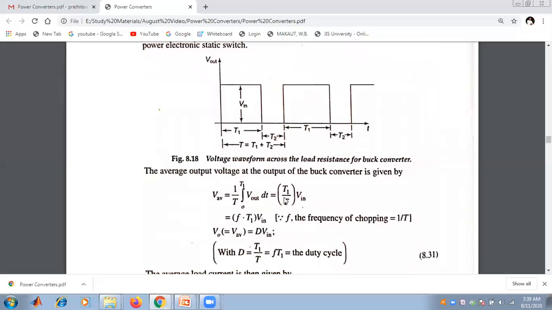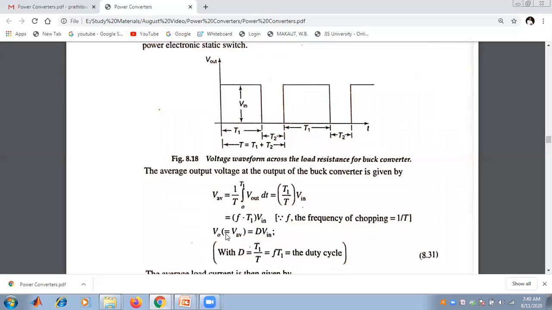We can replace 1 by T with F, which is known as the frequency of chopping, or chopping frequency. So the average output voltage becomes F T1 V in, where F is the chopping frequency.